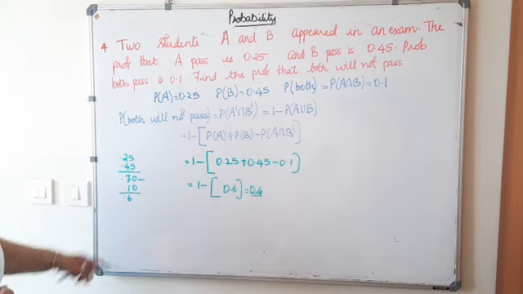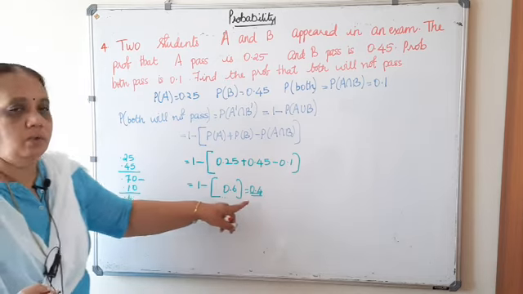The probability that both will not pass is equal to 0.4.